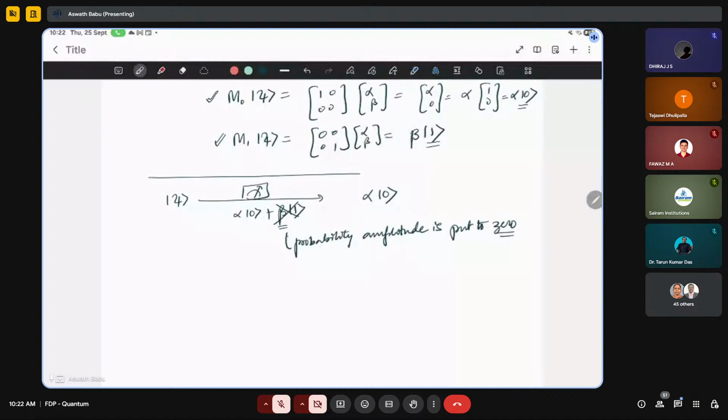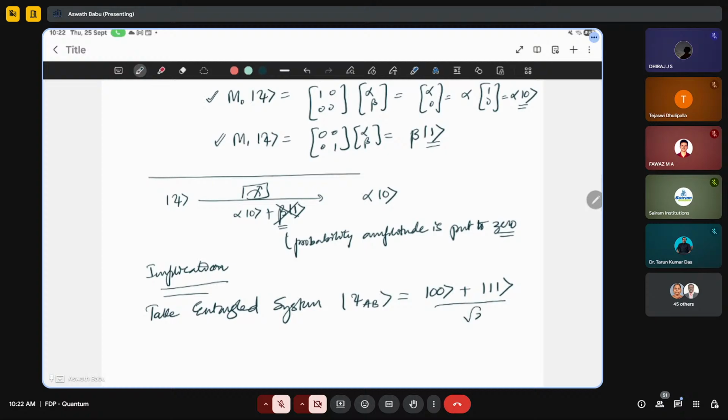Okay, so that is what we saw yesterday, right? The implications. If you take an entangled system, represented by, let's say, quantum systems A and B, where both of them are entangled like this.